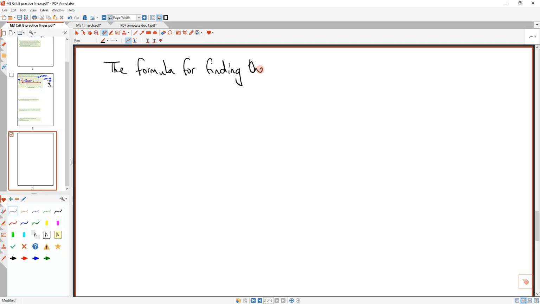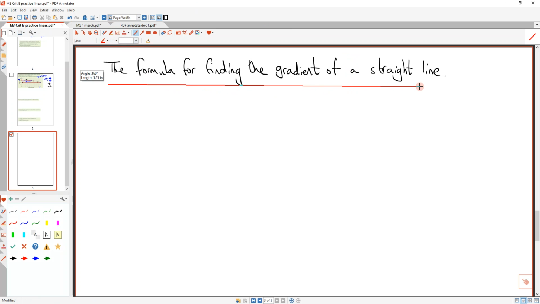Yeah, shortly. That's a long time. Is it going to take up a lot of space, or should I just continue on the same page? Yeah, you need more space. Alright, so we're looking at the formula for finding the gradient of a straight line.